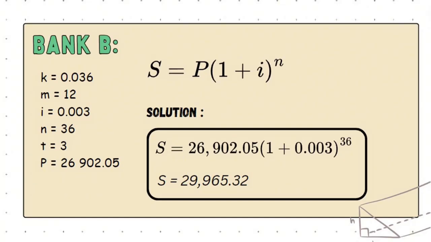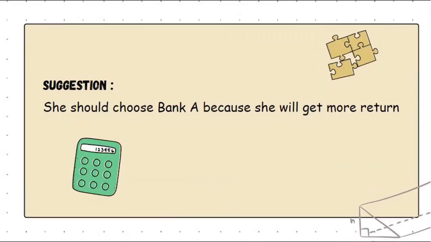So S equals 26,902.05 times the bracket 1 plus 0.003, to the power of 36. The answer for bank B is 29,965.32. And for the suggestion, she should choose bank A because she will get more return.